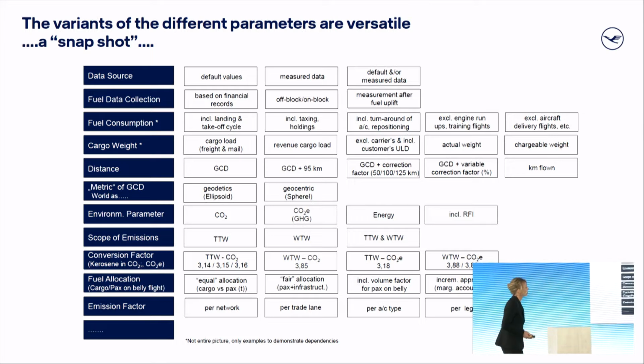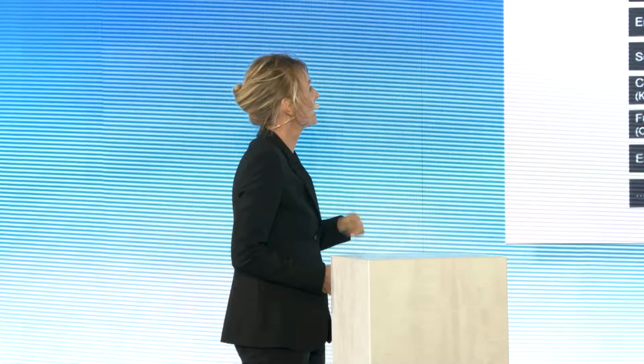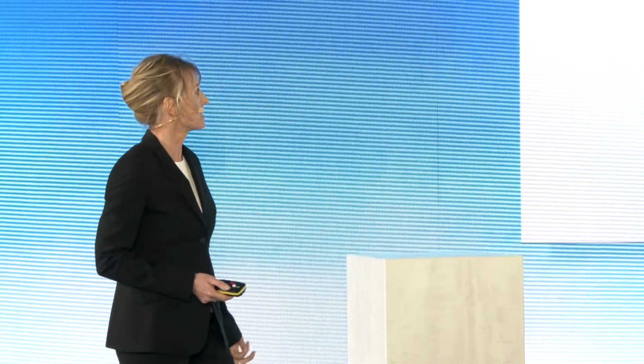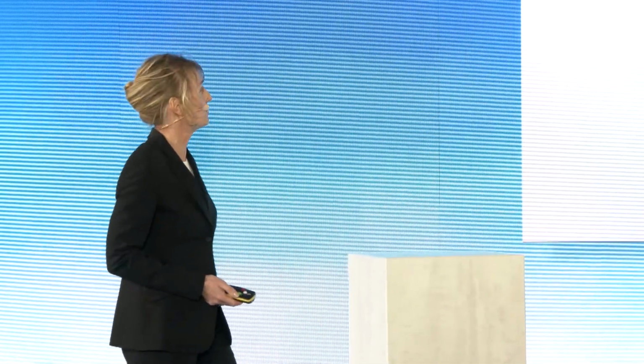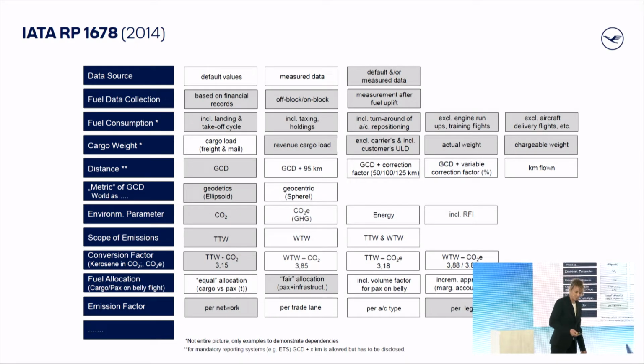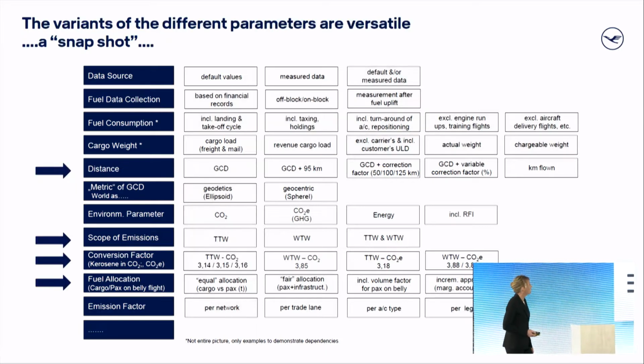I will now show you shortly 2 emission calculation methodologies which are using these parameters. This is EN 16258 from 2013, and this is the IATA recommended practice that was developed in 2014. For sure, because there are so many different options and they are applied differently, you will have very different results.